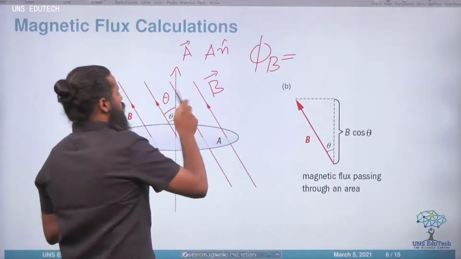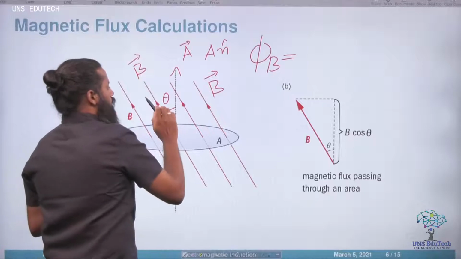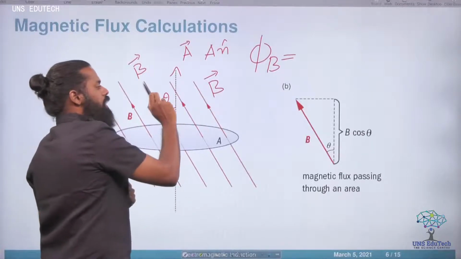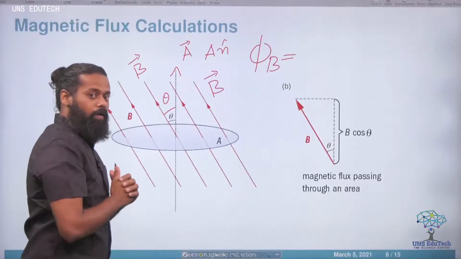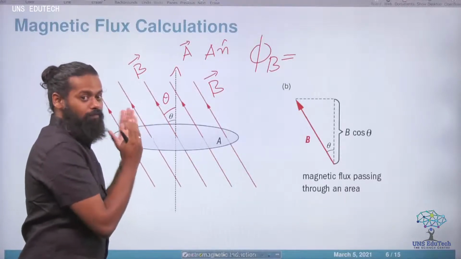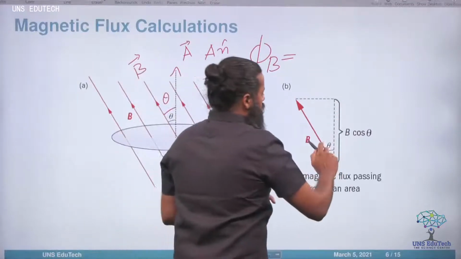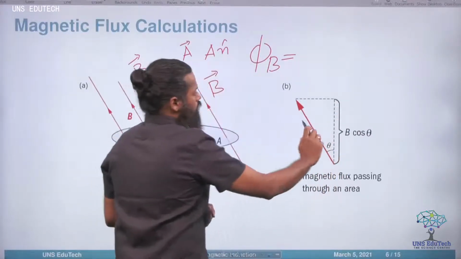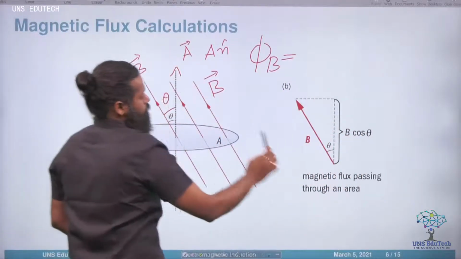So we have to find out the field. If this is the magnetic field, you have to find out the projection, or you can say the B cos theta component will be nothing but along the perpendicular direction or along the normal of that surface. You can see that if I am taking the triangle, this is B, this will be B cos theta. So that quantity will be B cos theta.